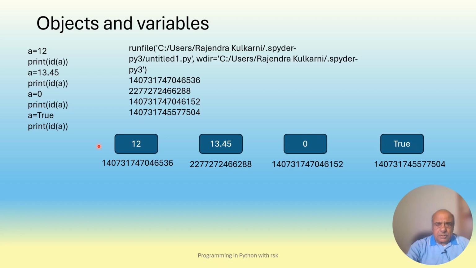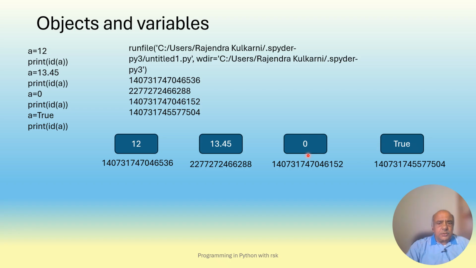Let us make it clear pictorially. Earlier, when A is equal to 12, object 12 is created with this ID. When we change A and assign 13.45 to it, another object is created with this ID.